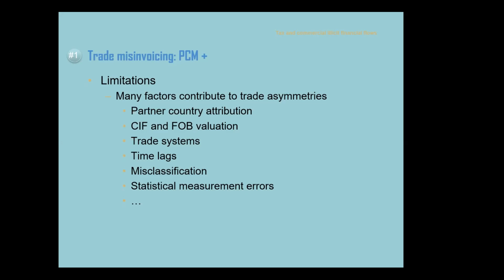The second very well known and also researched reason for asymmetries is the difference between CIF and FOB valuation. So the CIF, cost, insurance, freight, is usually how the import statistics are reported, whereas FOB, free on board, is usually how the export statistics are reported.